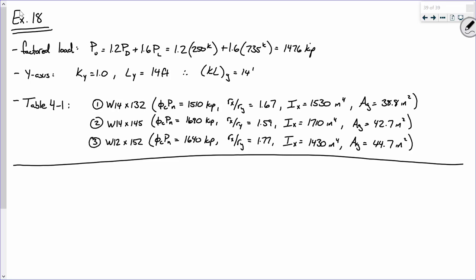In other words, once we find a section that works, we're done, okay? Sound good? Now, while we're at it, I actually don't remember. Were there any W8s or W10s that would even work? I could almost guess, I mean, 1.476 million pounds. I don't think there's any W8s that are going to work. What about W10s? No. So it's either W14s or W12s anyways. So let's say none of these worked. What would you do?